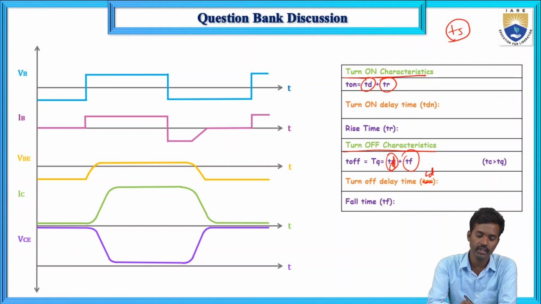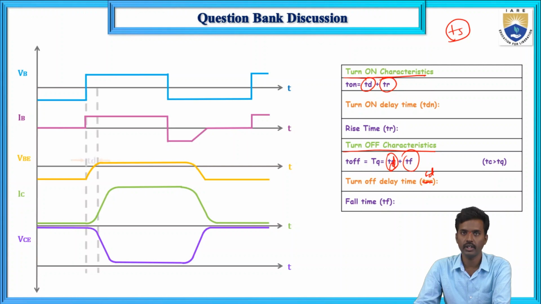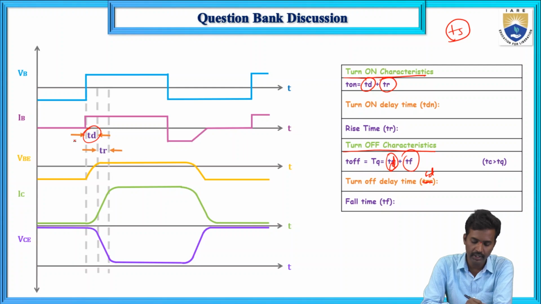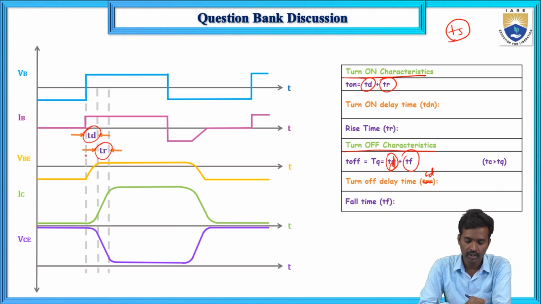Now here we are giving initially a negative base voltage. When it will be turned on, this duration is the delay time and this duration is the turn on time.